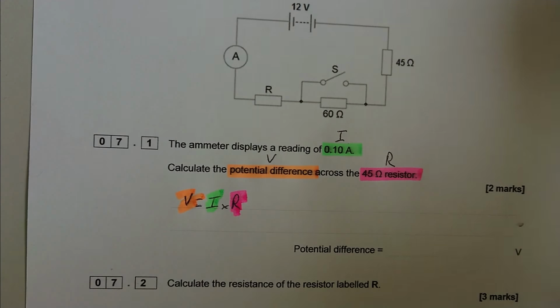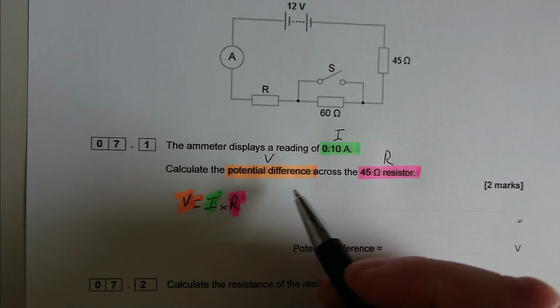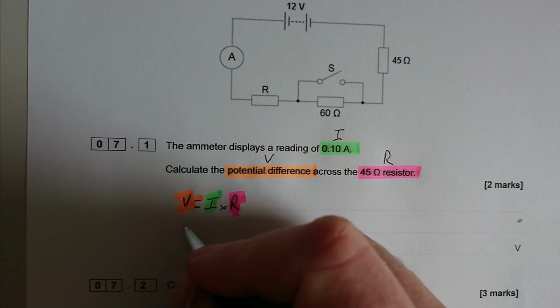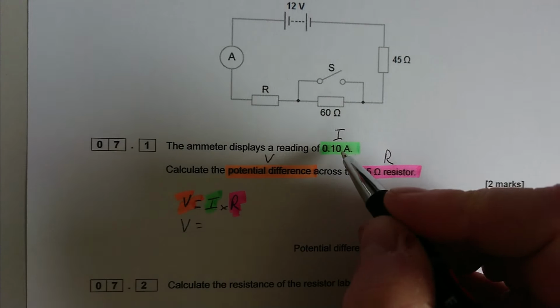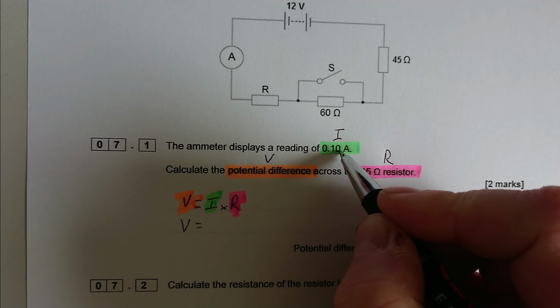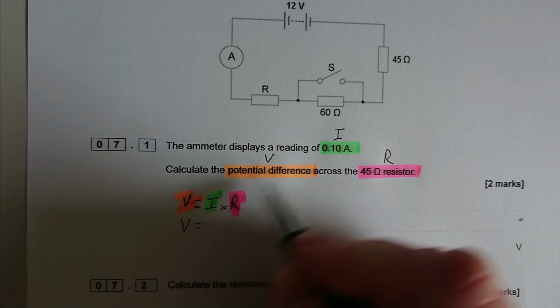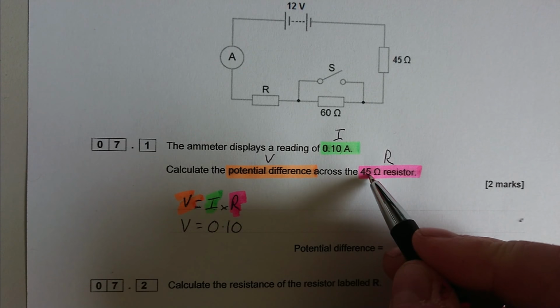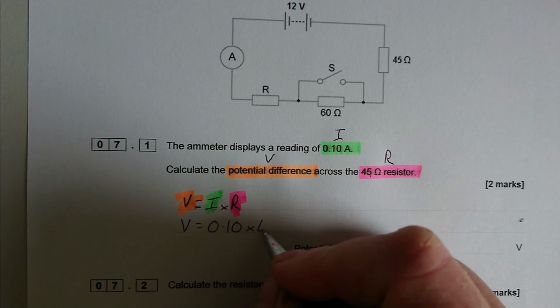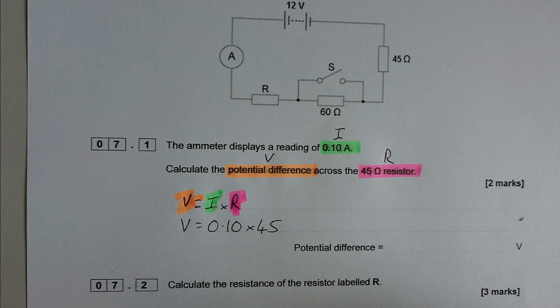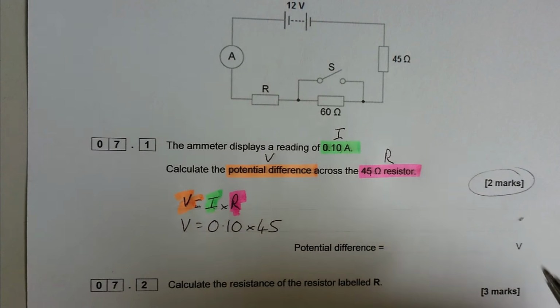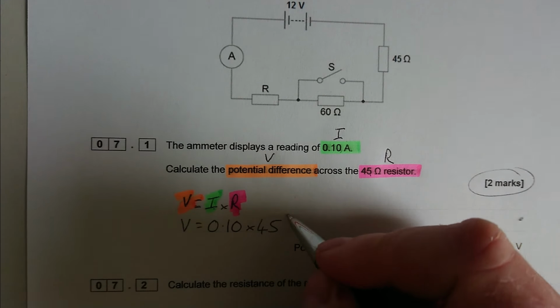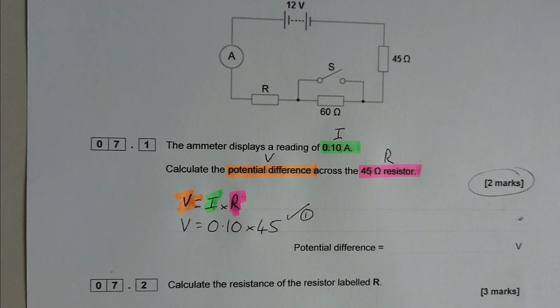So I now put in the numbers that I have. Well, I don't have a number for V, so I replace it with the letter V. I do have a number for current, so I replace the I with 0.1 and the R with 45. This question is out of 2 marks, so already I have secured 1 mark.